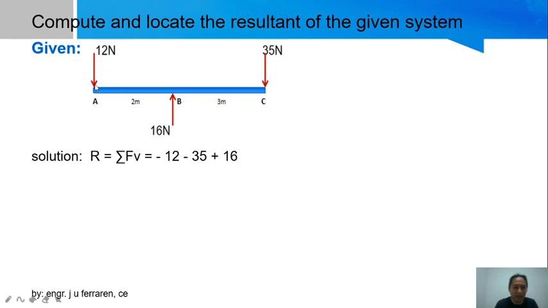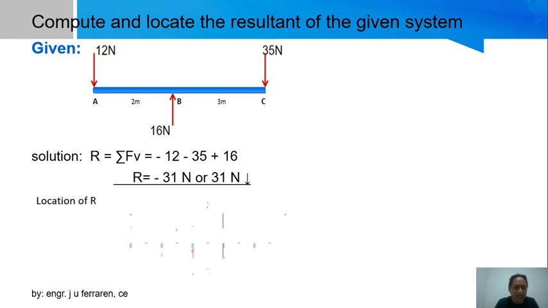So I have negative 12, negative 35, and the upward force is 16. Their sum is equal to negative 31 Newton. The negative indicates downward direction, so that means 31 Newton acting downward. That is the net effect of the forces acting on the body.